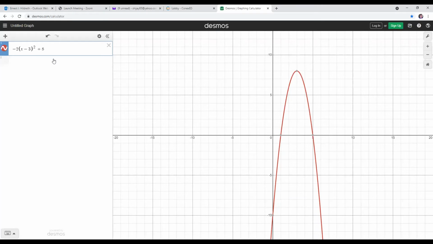So now if we were to make the 2 positive, it'll change our graph for us.